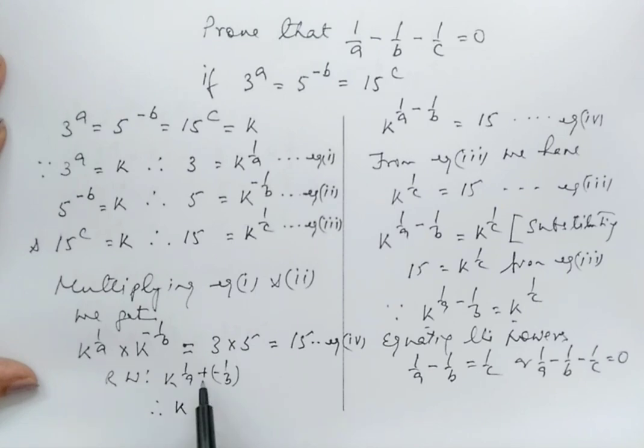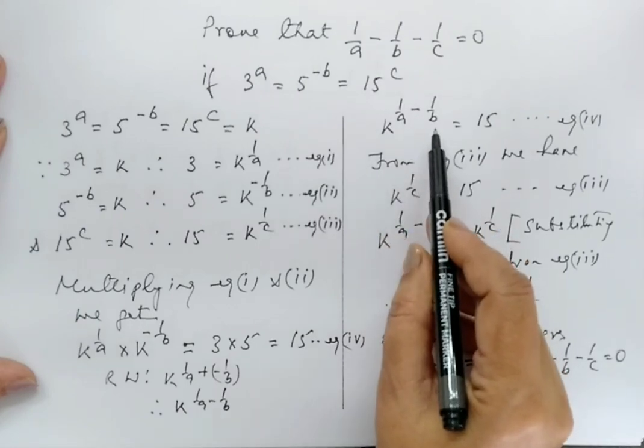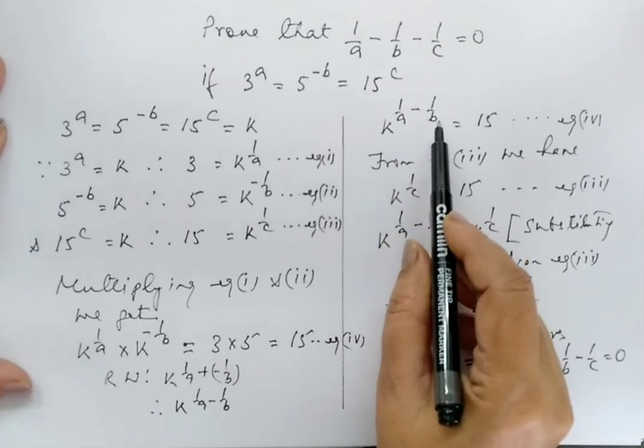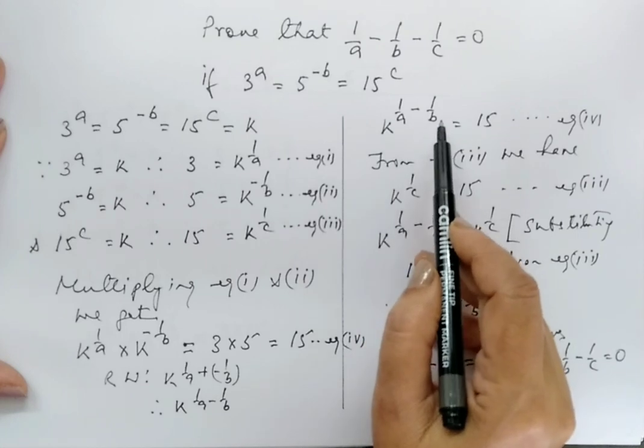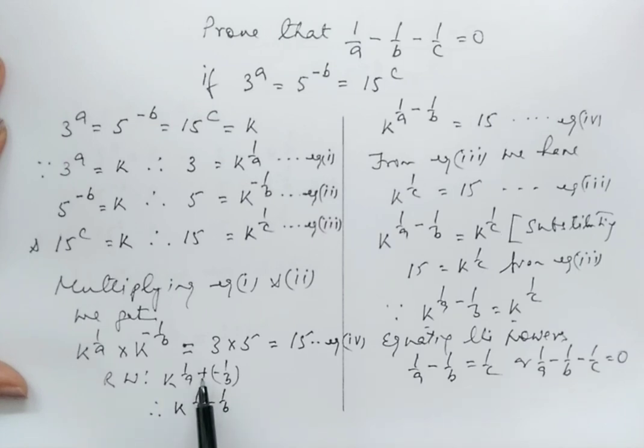Therefore k will be equal to the power plus minus 1 by a minus 1 by b. So we get k to the power 1 by a minus 1 by b. We aren't finding the difference, but we have added up and still got 1 by a minus 1 by b, because this is plus minus minus.